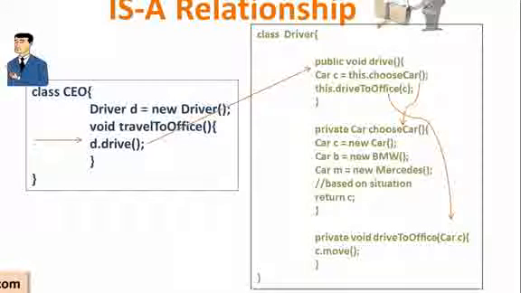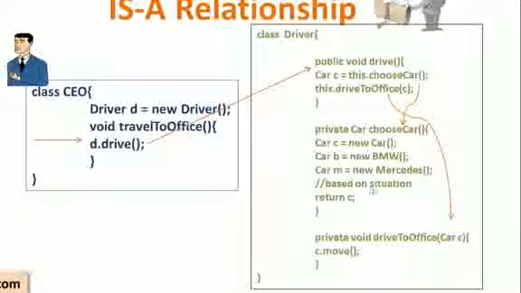Now coming to the overriding concept itself, whatever I have spoken earlier is related to polymorphism. Polymorphism says that any object can replace another one without affecting the functionality.